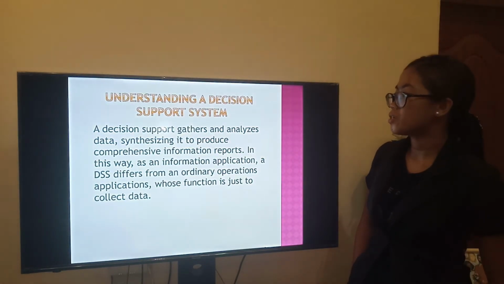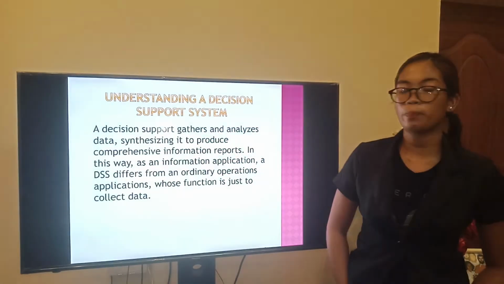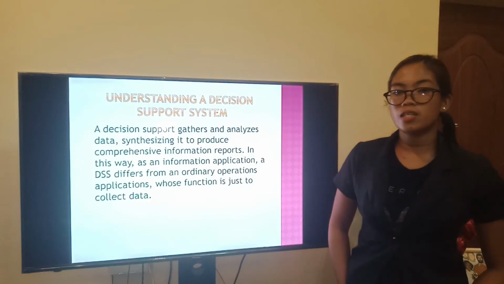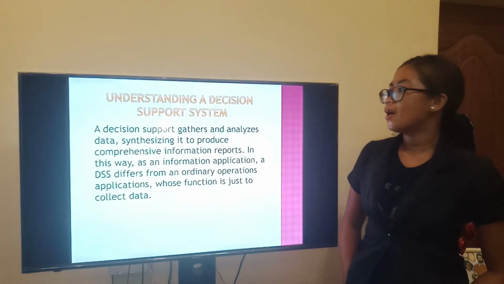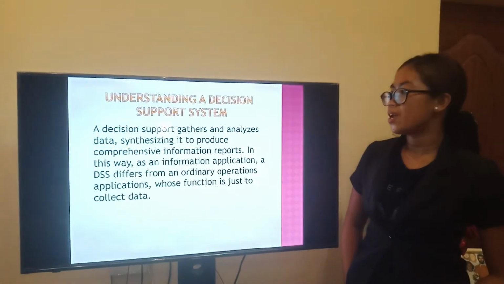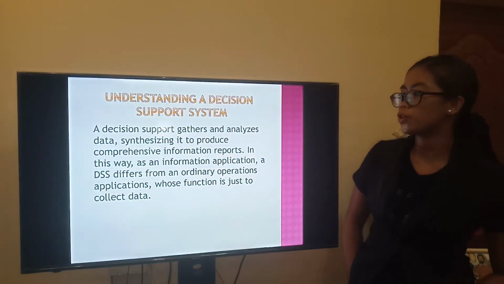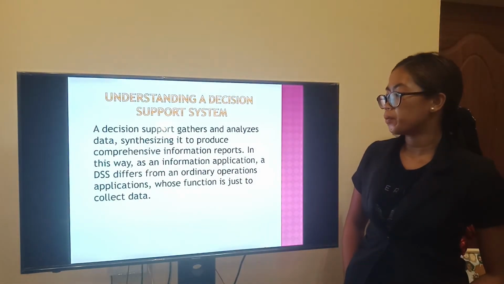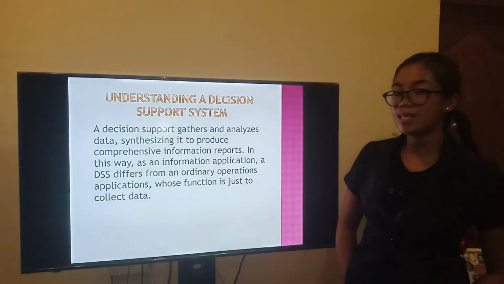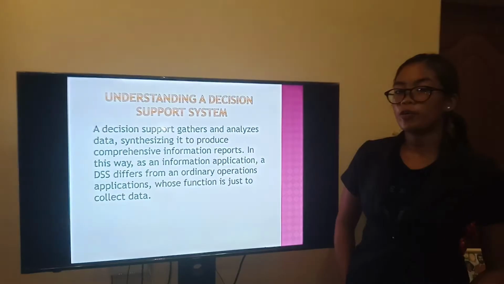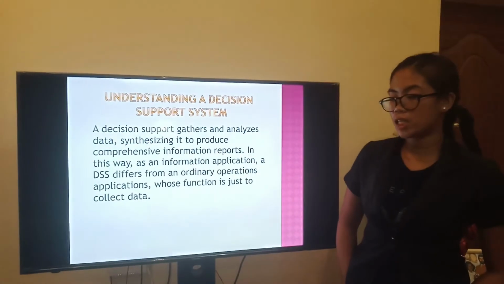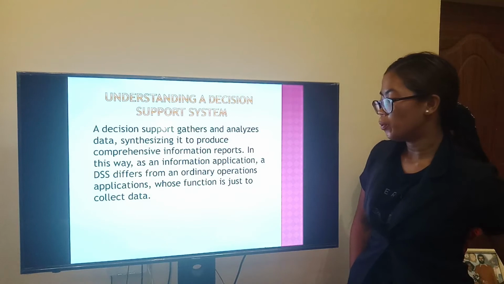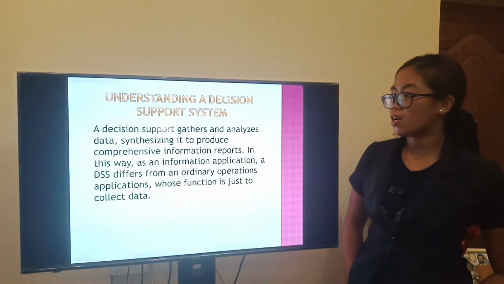Understanding a decision support system. A decision support system gathers and analyzes data, synthesizing it to produce comprehensive information reports. In this way, as an information application, a DSS differs from an ordinary application whose function is just to collect data.